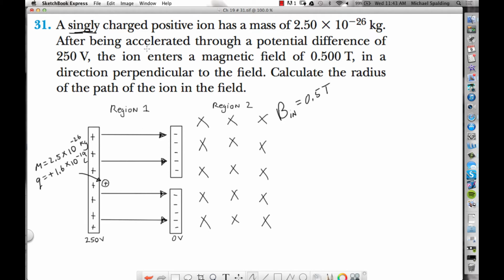Okay, and it's accelerated through a potential difference of 250 volts. So where would you find a potential difference of 250 volts? A great way to think about it is oppositely charged parallel plates. So I have this diagram right here where the positive charge is being released from the positive plate, and these arrows here represent the electric field.